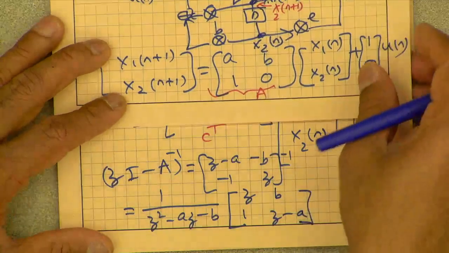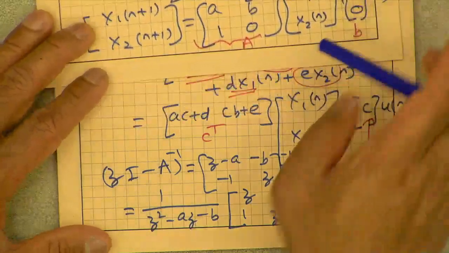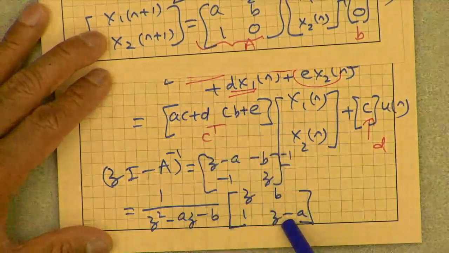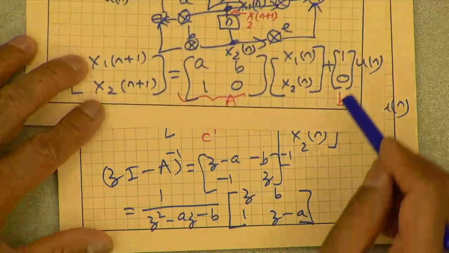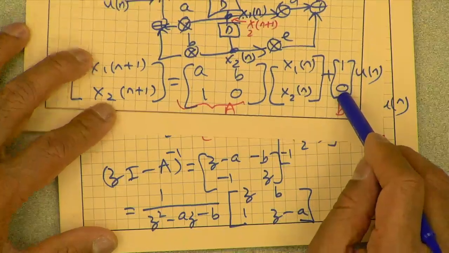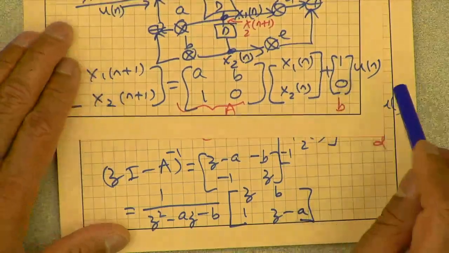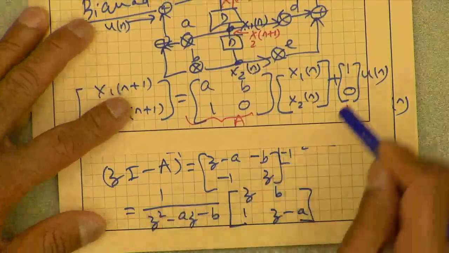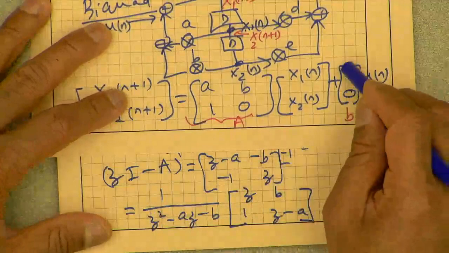And then to that I have to multiply C transpose times this quantity times the column vector B, which is 1, 0, plus D, which is that C. Now think about this quantity multiplied by the column vector 1, 0.